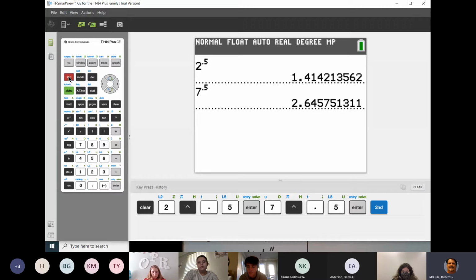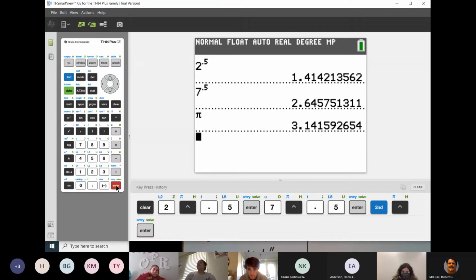And pi, using the caret symbol, is 3.141592654.